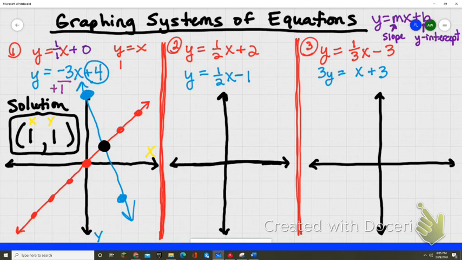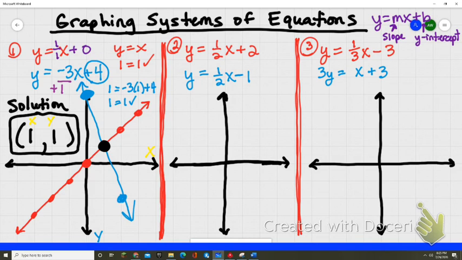Well, if I plug in 1 for y and 1 for x, they're equal. On the blue equation, if I were to plug in 1 for y and 1 for x and do the math, I'd get -3 plus 4, which is 1, so they're equal. So a solution is the x and the y value that you plug into both equations to make it true.